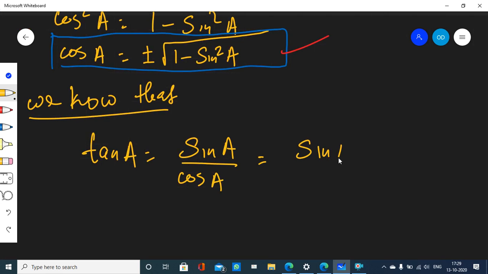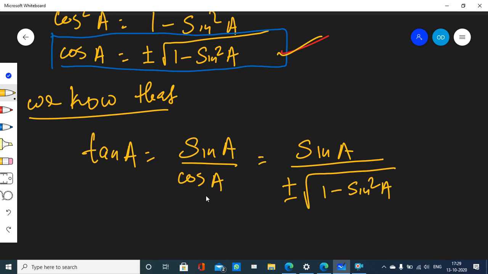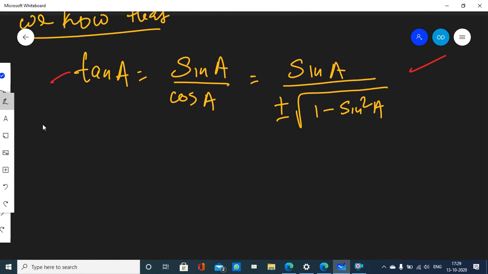So I know that cos A is equal to plus or minus root over of 1 minus sin square A. So you see, we expressed tan A in terms of sin A. Wherever you look, there is sin and sin. This is what expressing means.